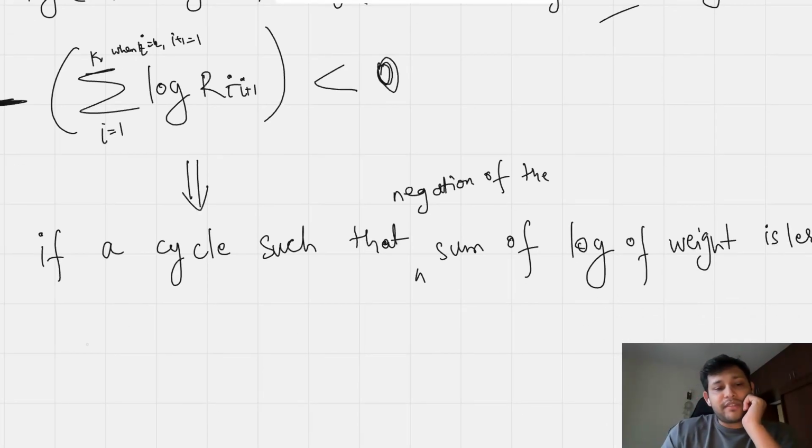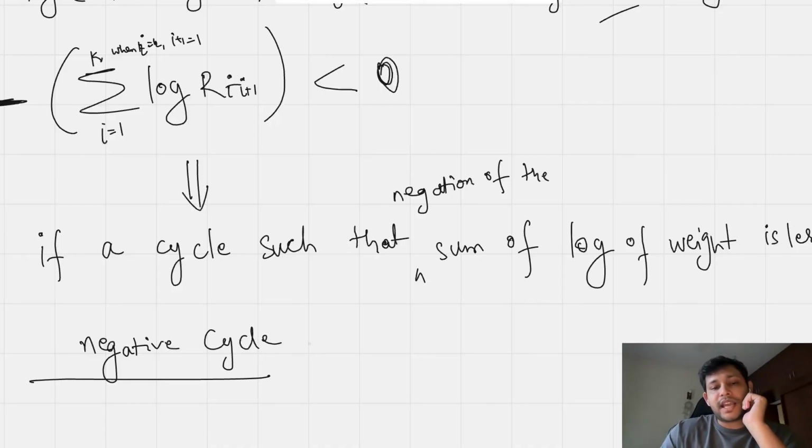Now, ultimately, we have to find a negative cycle, and this can be achieved by one famous algorithm known as Bellman Ford.